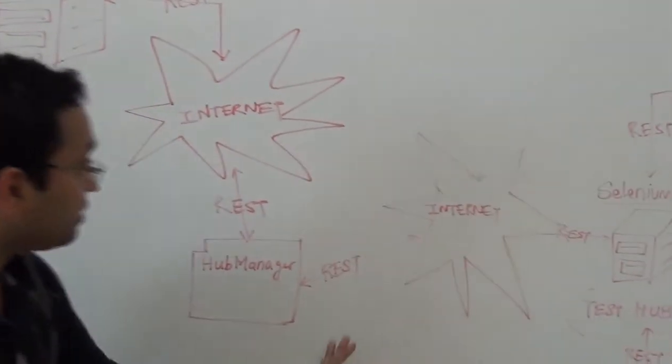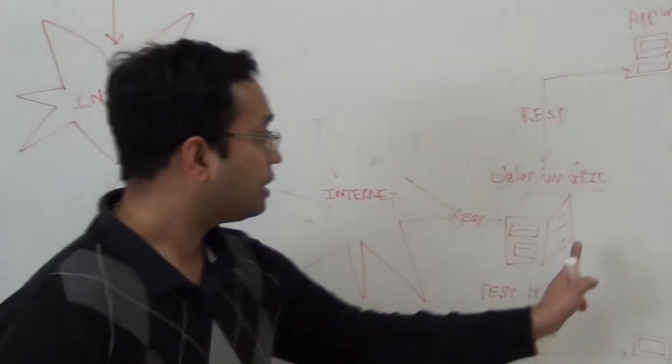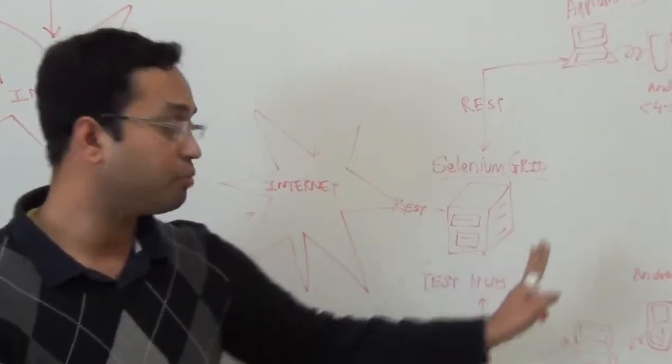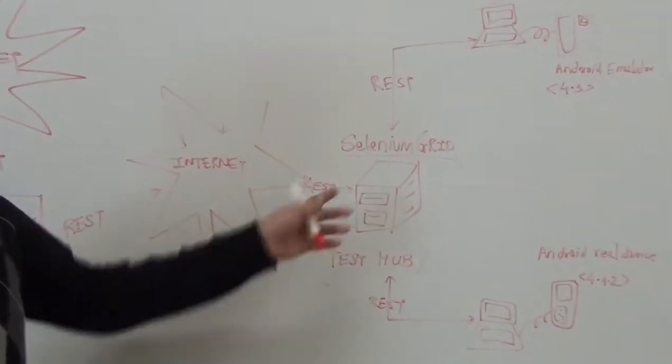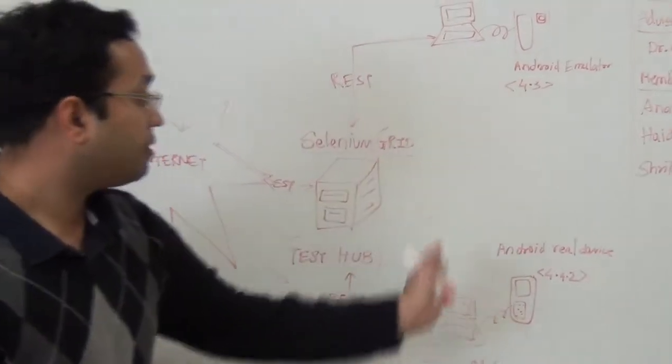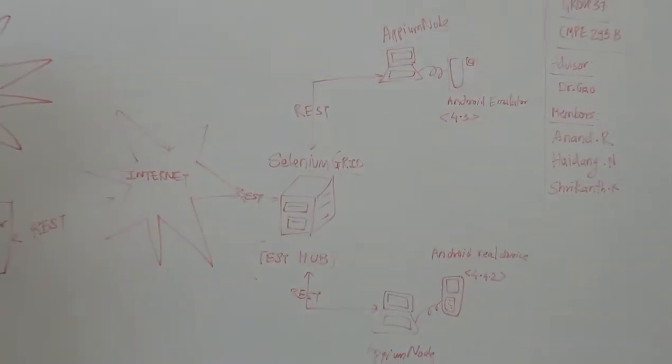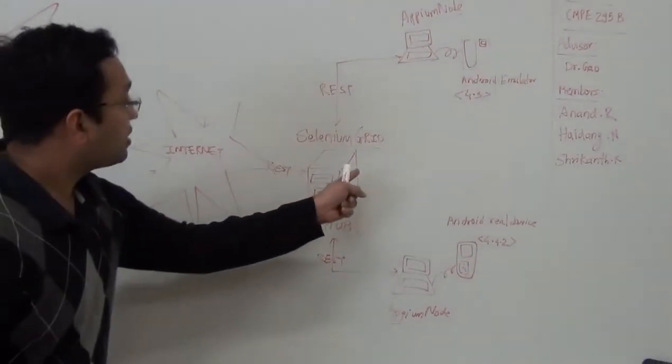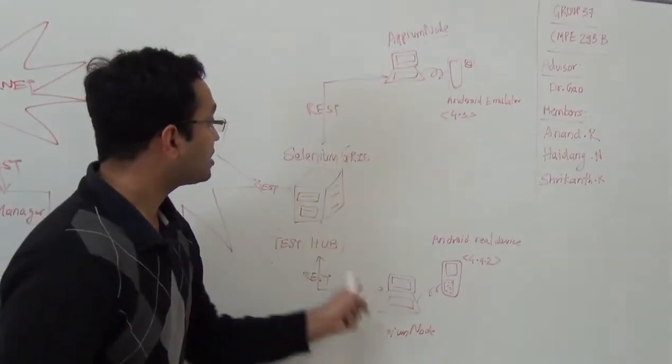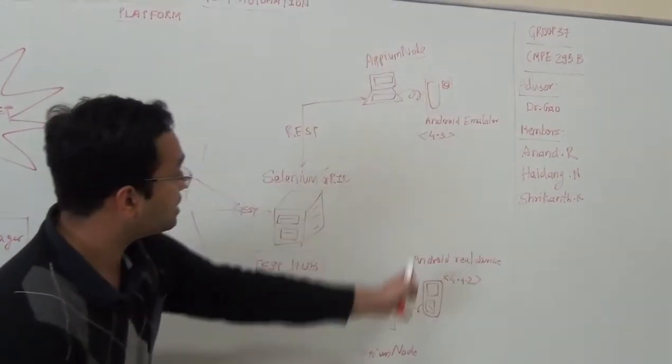Again, the Hub Manager with REST services through the internet will contact Selenium Grid, which is acting as the mobile test hub for us. Based on the device request, which device you want to execute the test cases on, Selenium Grid will direct the test commands to either of these Appium nodes.